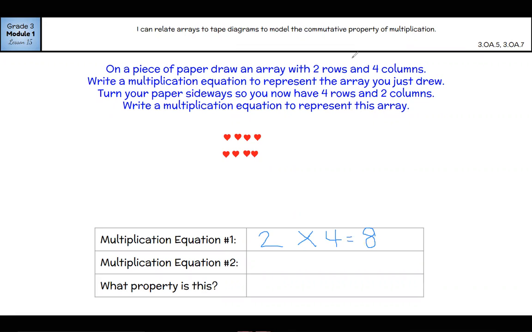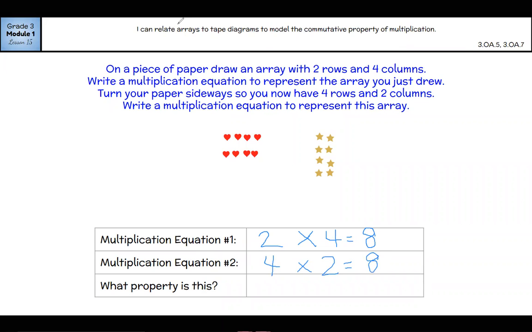So I can't turn my computer screen, but I will pause it and I will show now 4 rows of 2. Okay, so I have redrawn my array. So now I'm showing 4 rows of 2 instead of 2 rows of 4. And I'm going to grab my pencil and I'm going to show the next equation, which shows the commutative property. Now I have 4 rows of 2 equals 8.